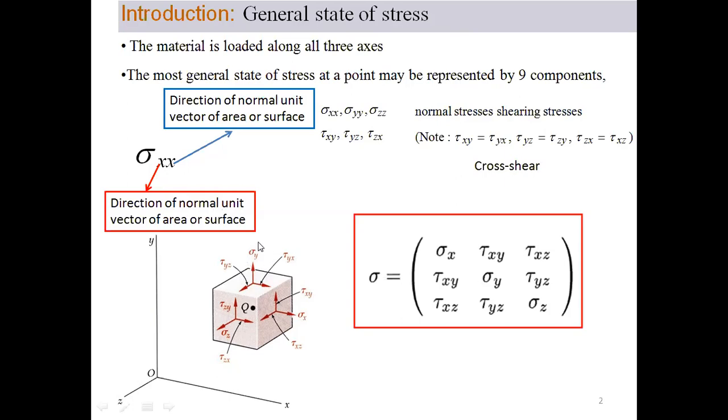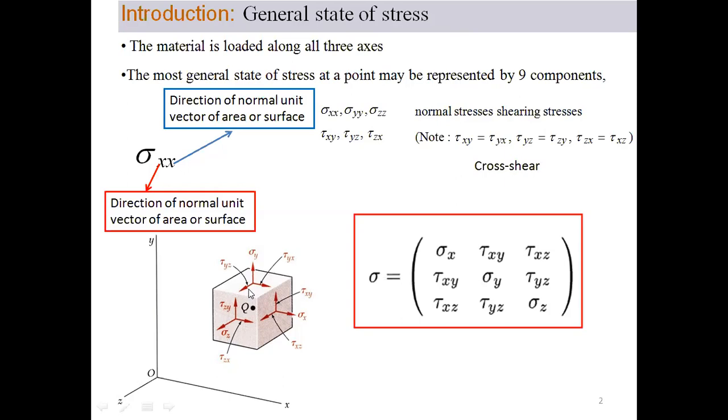So this component would be sigma yy. Similarly, this component is sigma zz because the normal of the area or the face is along the z-axis, and the force which is producing the stress is also along the z-axis. So this would be sigma zz.